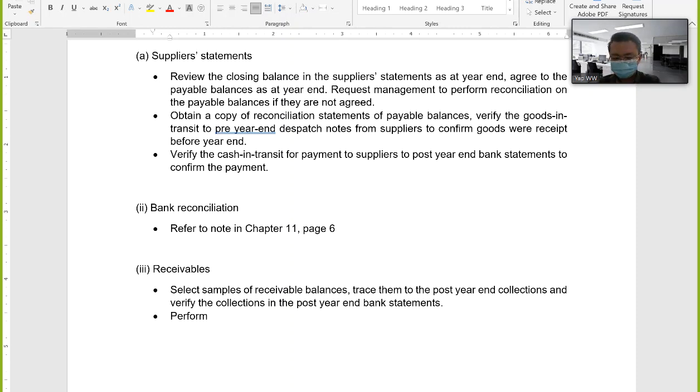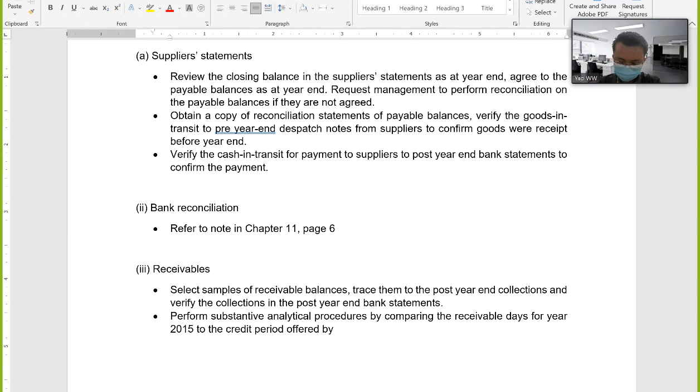Okay, so we perform. You study ratio, this is so-called analytical procedures. Okay. Be more specific is substantive analytical procedures. By comparing the receivable days for year 2015 to the credit period offered by management to credit customers.